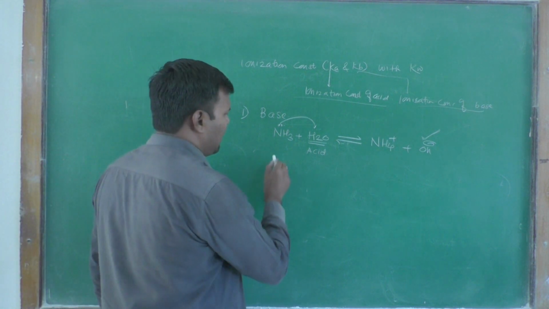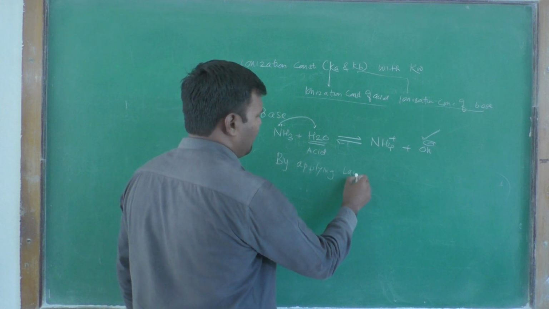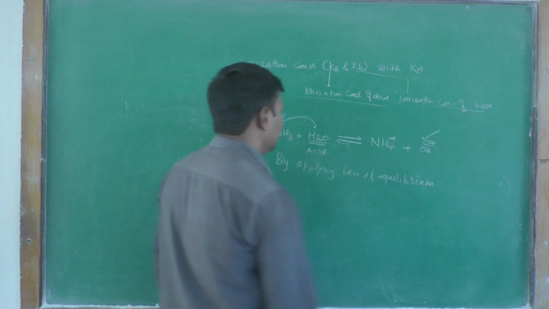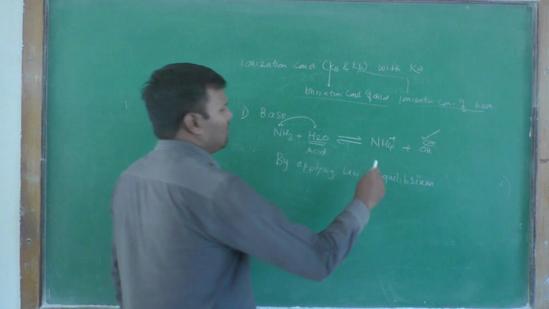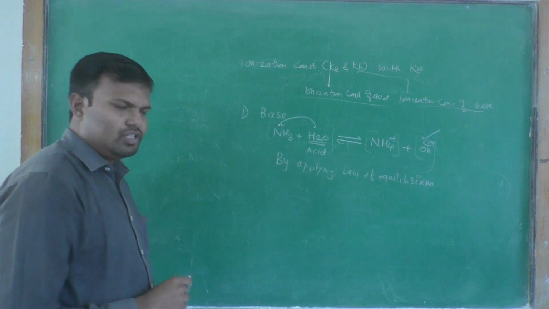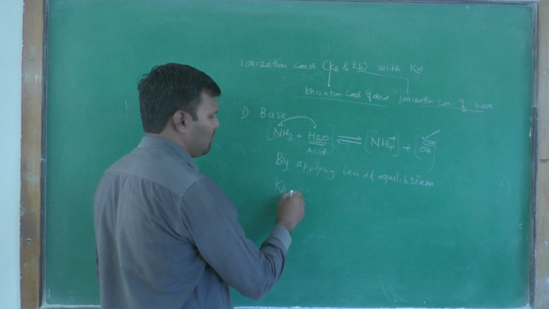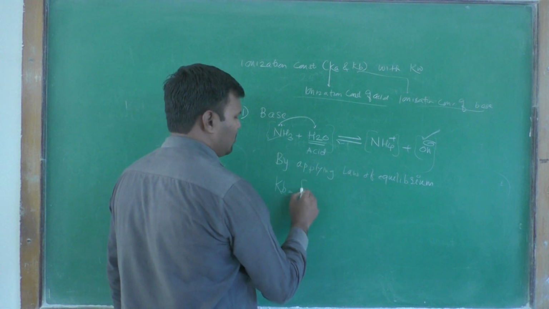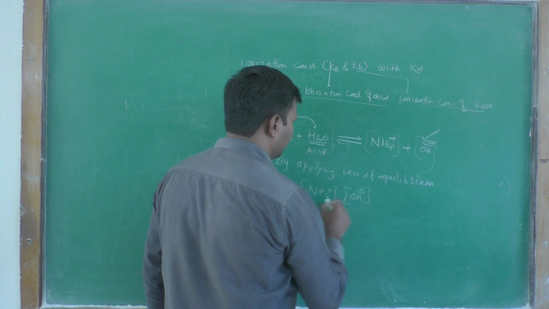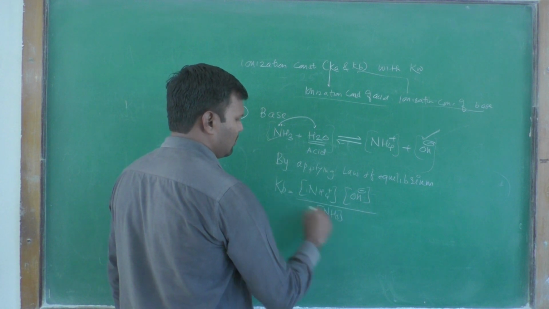Now by applying the law of equilibrium, which is the concentration of ions upon the concentration of the undissociated species, for the base Kb we take the concentration of NH4 plus times the concentration of OH minus upon the concentration of NH3.